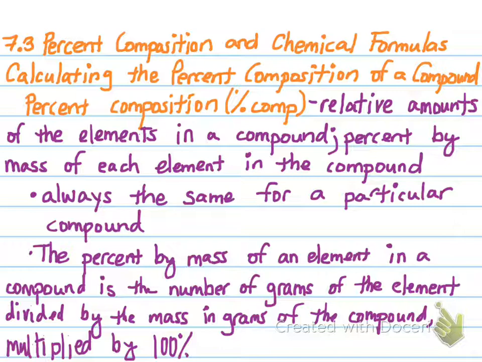So, in words, to calculate the percent by mass of an element in a compound, you take the number of grams of that element and divide it by the mass in grams of the compound, and then you multiply that all by 100%.